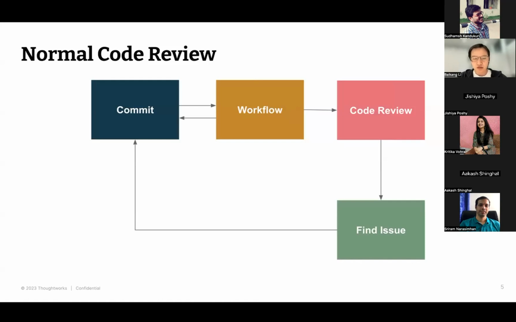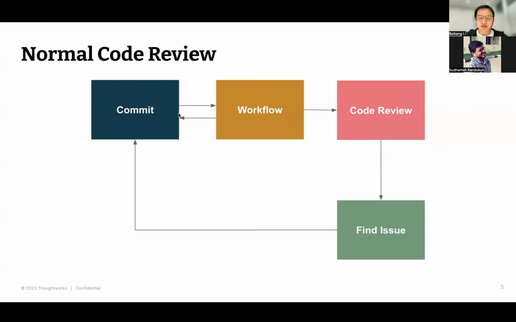In the normal code review process, a dev makes a commit to their code base, and the commit goes to the workflow. The workflow will run your tests and some pipeline tools like SAST tools such as Semgrep.